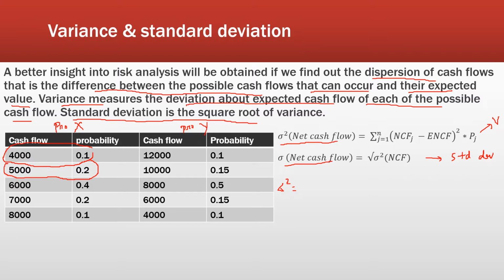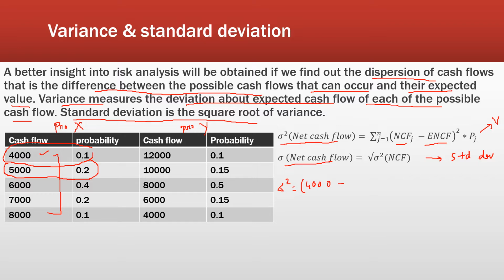Now sigma square equals, what is our first value in cash flow? 4000, right? That is our net cash flow here. 4000 minus the expected net cash flow. What is the average of this? 4000 plus 5000 plus 6000 plus 7000 plus 8000 is 30,000 by 5, that is 6000.